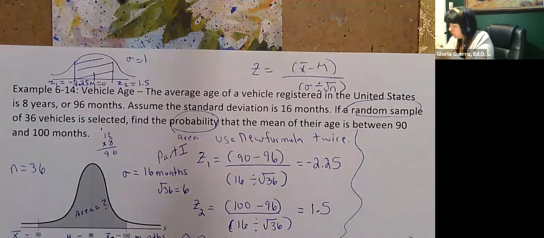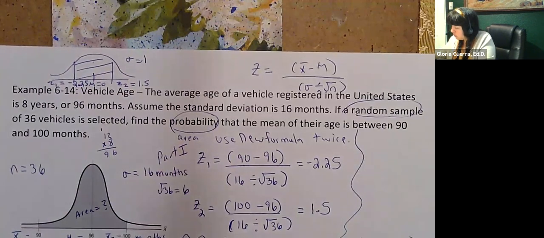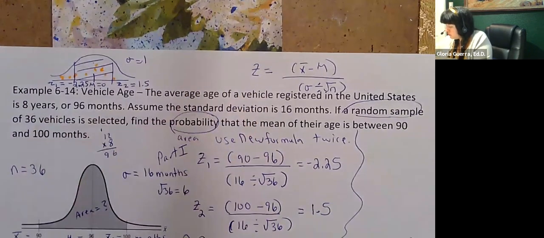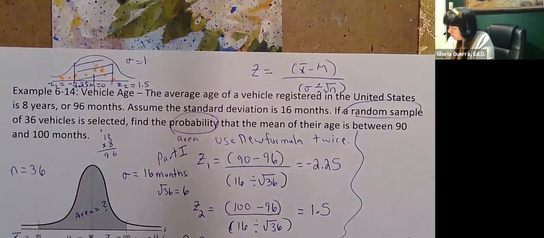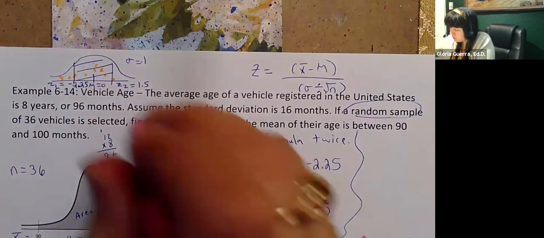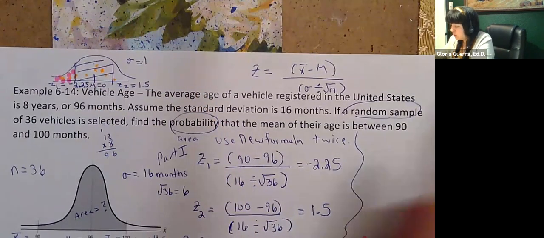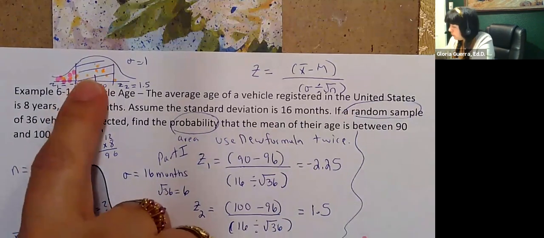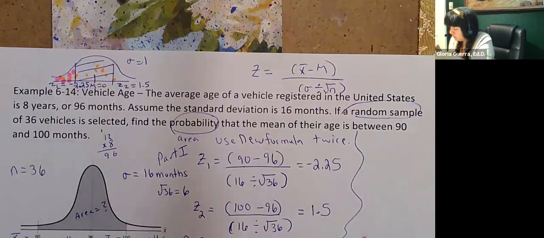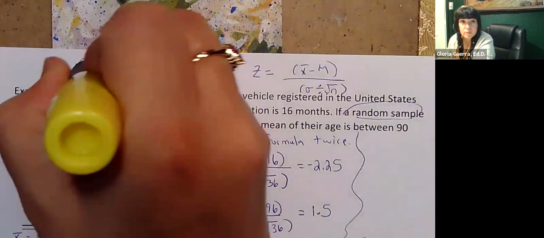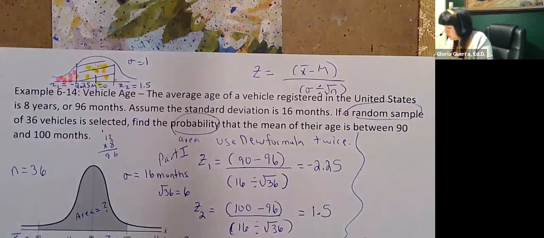So you've got this larger area here, and then you're taking away the smaller area here. When you do this larger takeaway, that's going to leave you with just this part here.